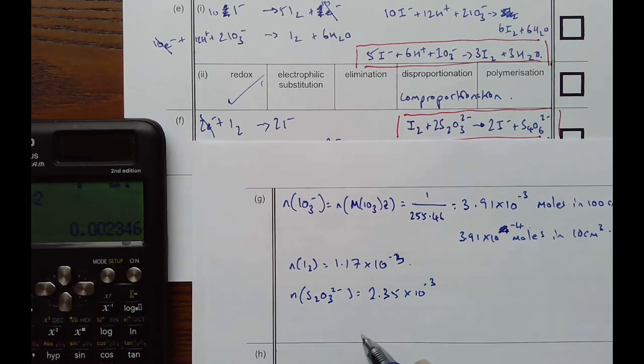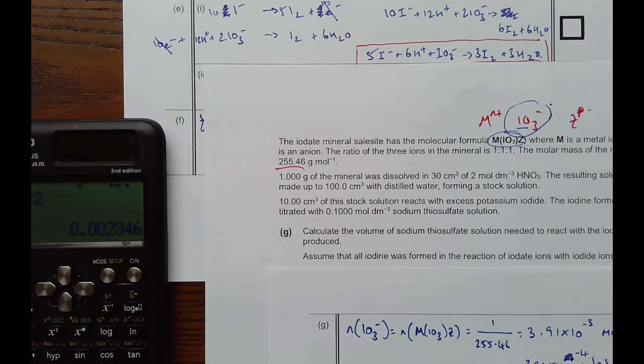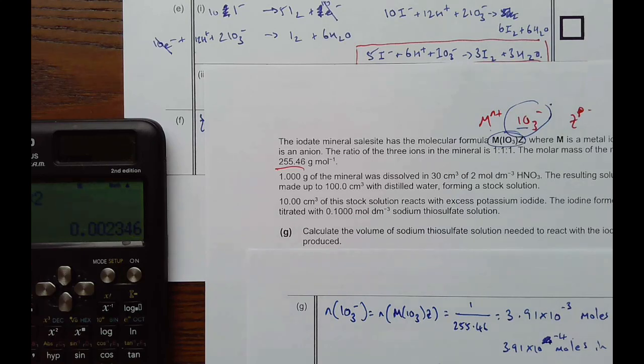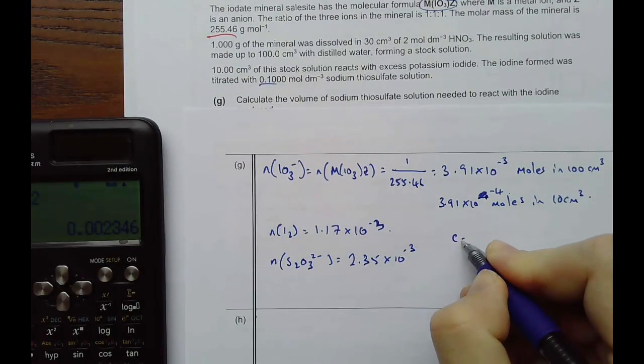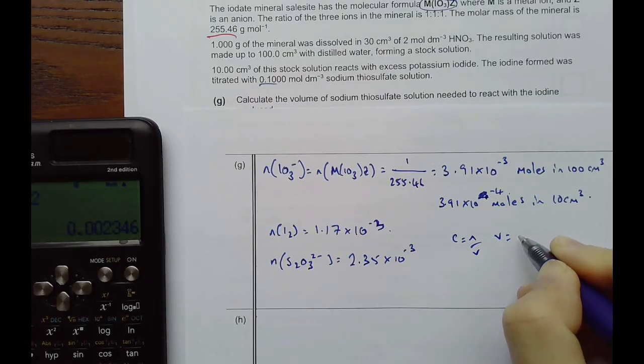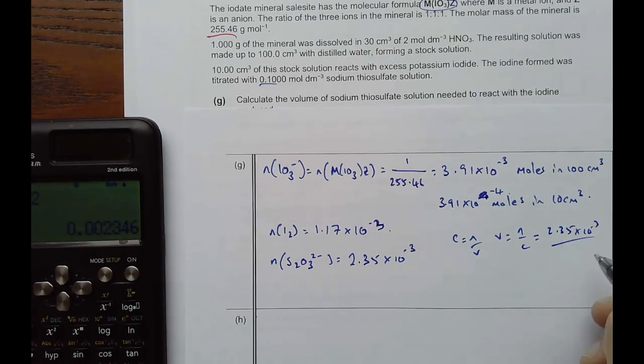But anyway, so we now know the moles of my sodium thiosulfate, and I'm asked to work out the volume. Well, I know the concentration, because concentration is 0.1. So if concentration is moles over volume, volume is moles over concentration, then it is 2.35 times 10 to the minus 3 divided by 0.1, which is going to be 2.35 times 10 to the minus 2.